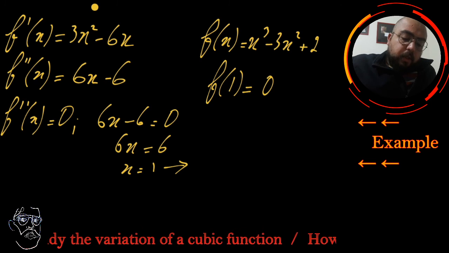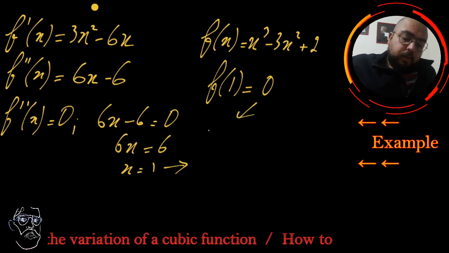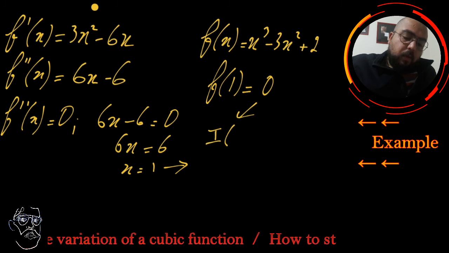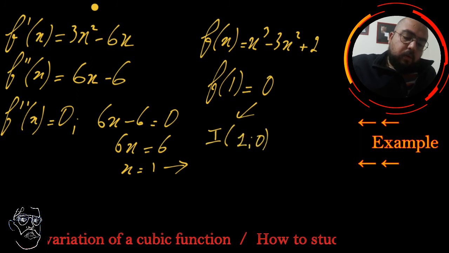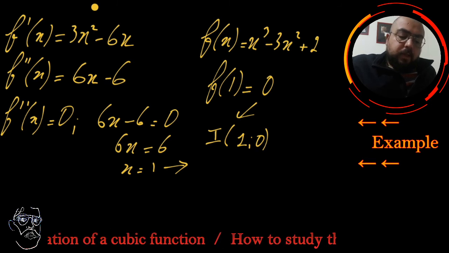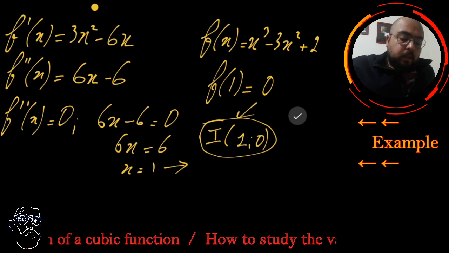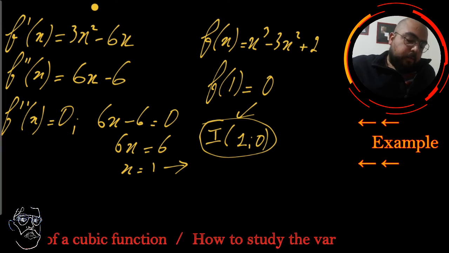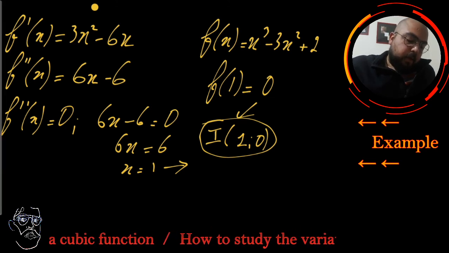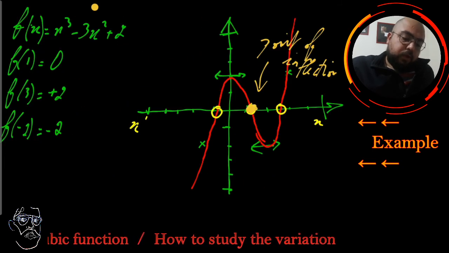So you can find the point of inflection, which is again I (1, 0), and it's also the center of symmetry. So this is how you find the point of inflection. What is the idea about the point of inflection? I'm going to get back to my curve. There is a change of concavity.